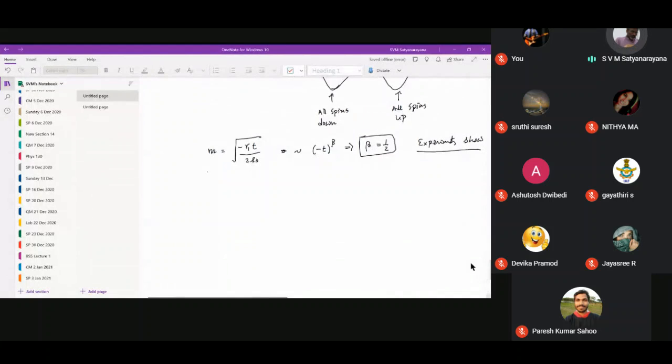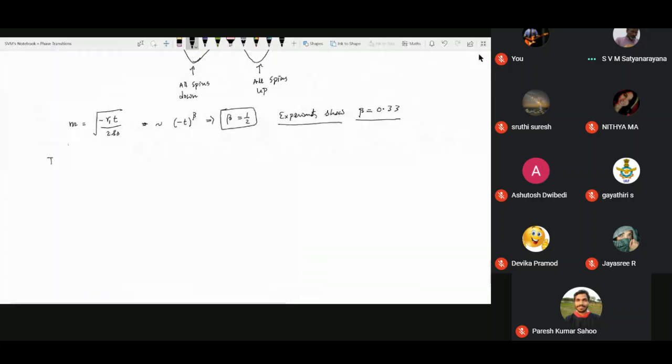Now let's say that we will apply a magnetic field. So far we did not talk about the magnetic field. In the presence of a field, let's call it h, our free energy will have a form like this.